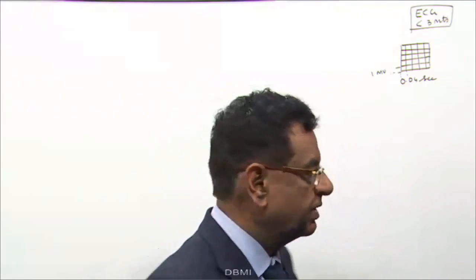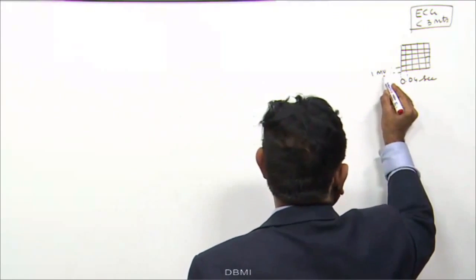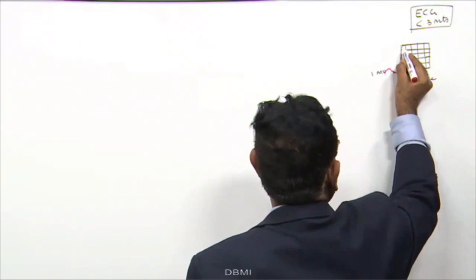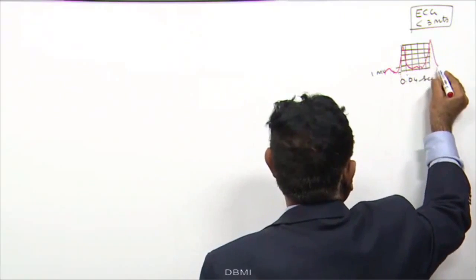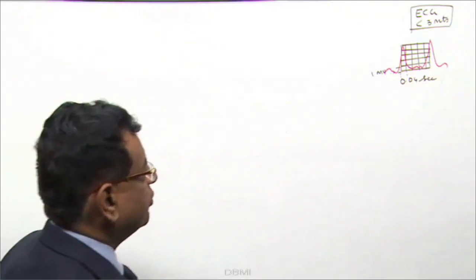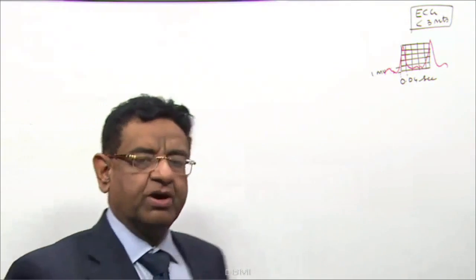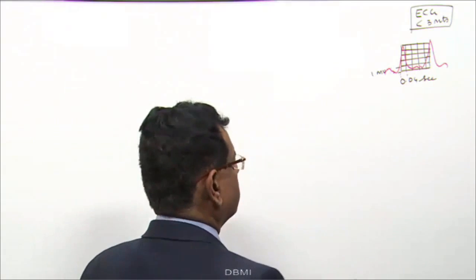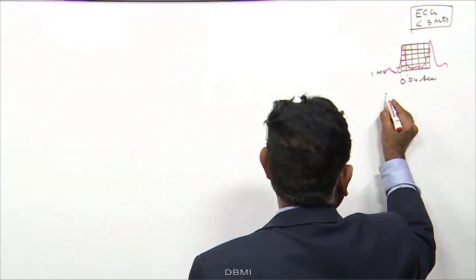So now we talk about the first question which came in this year NEET exam also. This is the one beat, and this is the other beat. The question was: calculate the heart rate of this patient. So how to calculate heart rate?